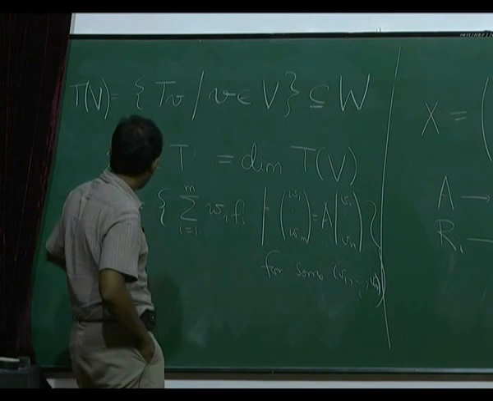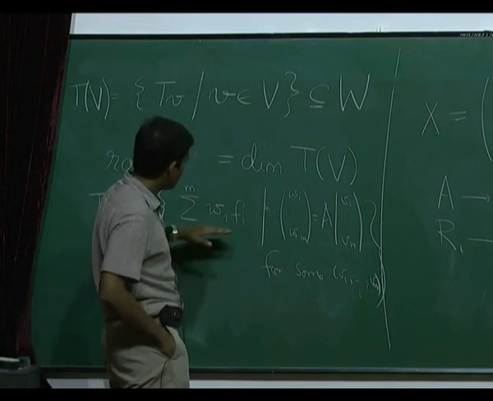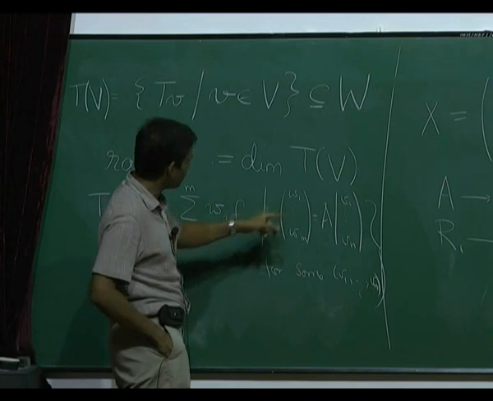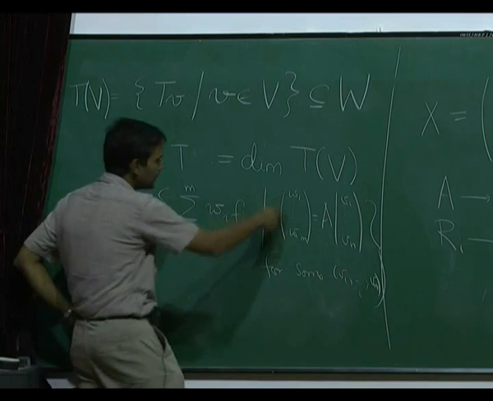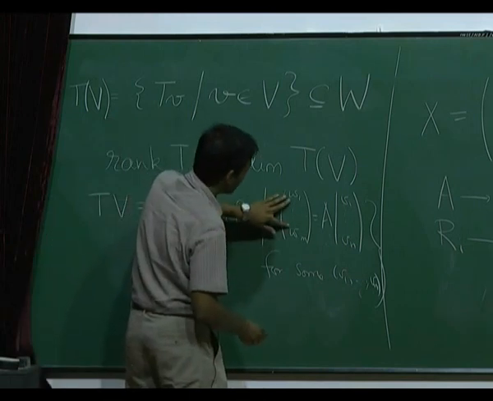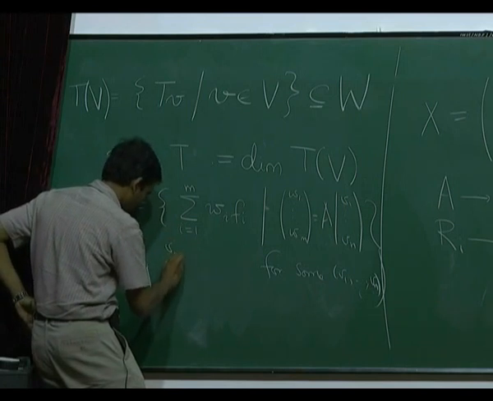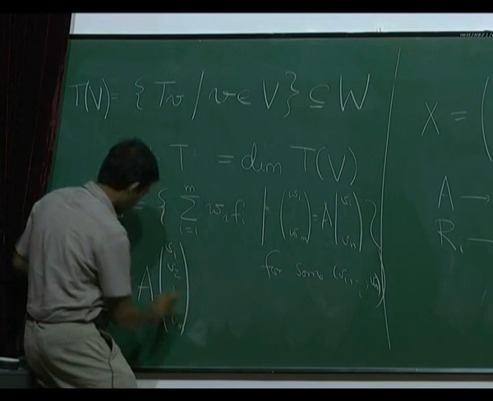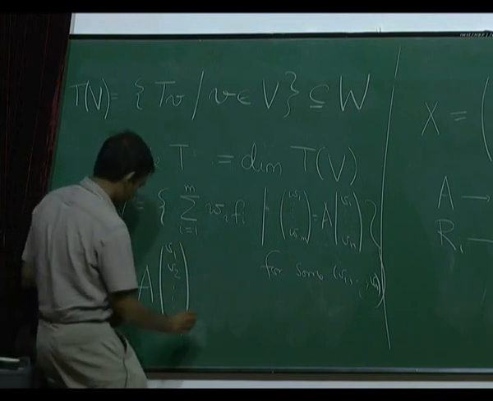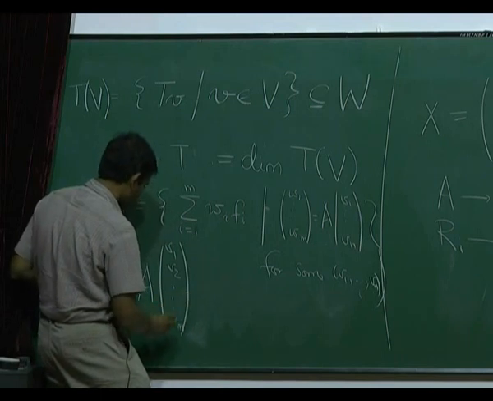But these are the coordinates. So what are these things w1, w2, ..., wm? These are actually vectors in the column space, because if you take a matrix A and multiply it by a column vector v1, v2, ..., vn, you can ask what the columns of this are.